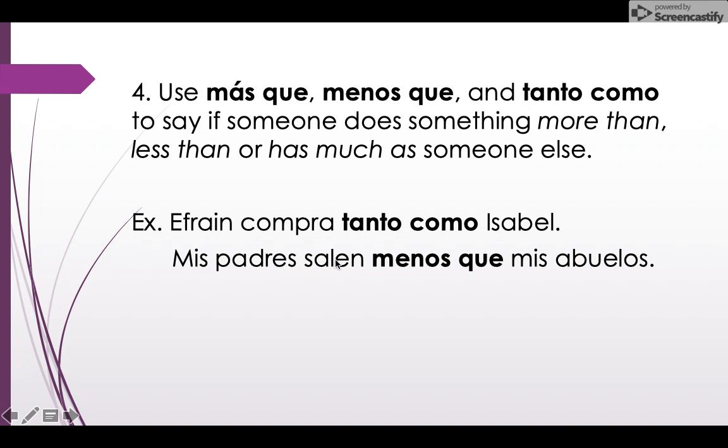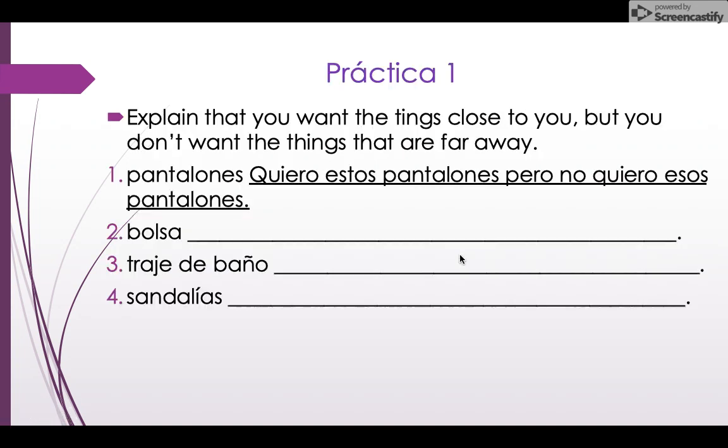Mis padres salen menos que mis abuelos. My parents go out less than my grandparents. So anyway, that's where you have your subject, you have your verb, and then you have your little formula that you'll use. Okay, so this is just another way to express the same as or less than.